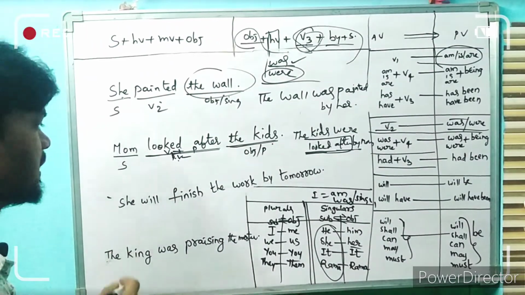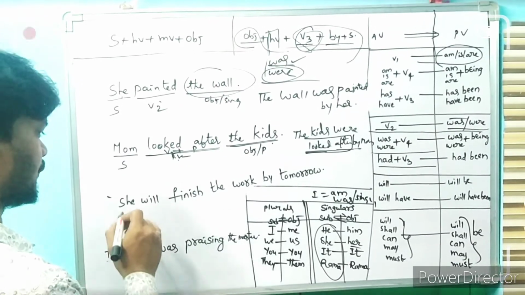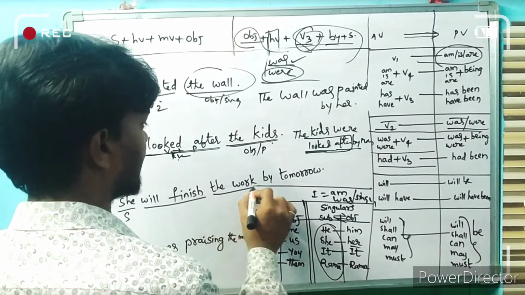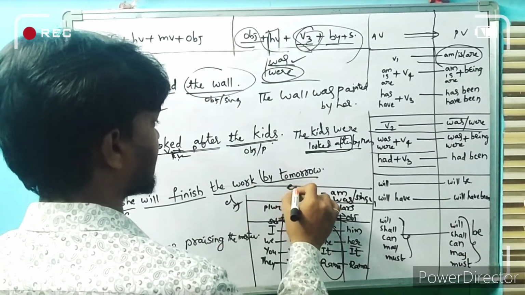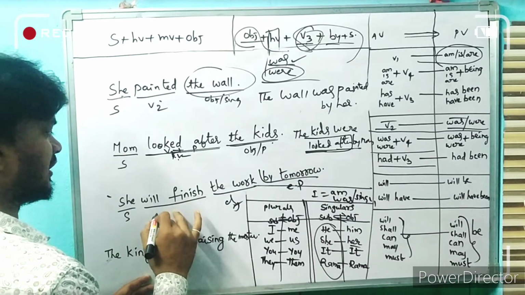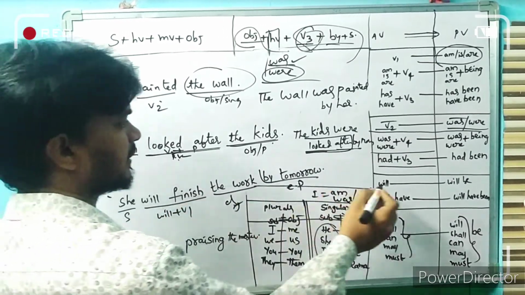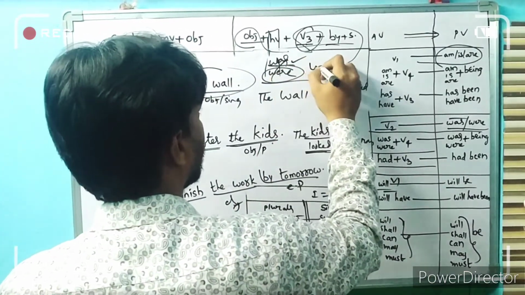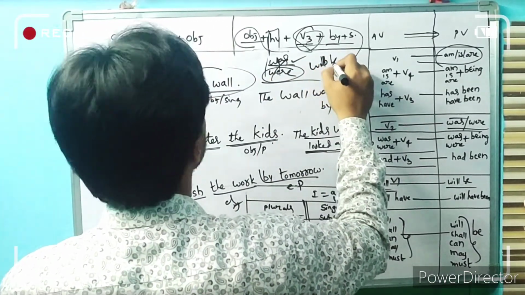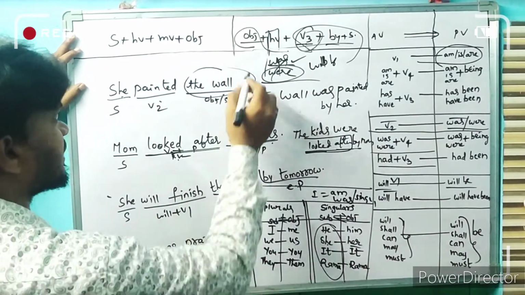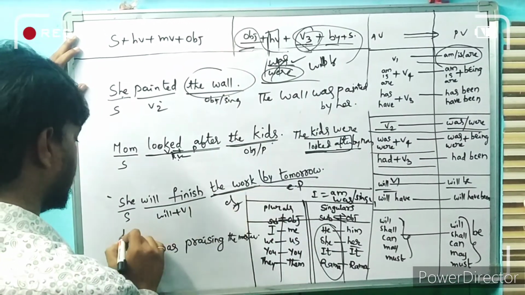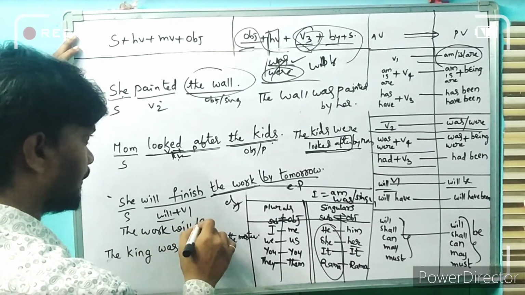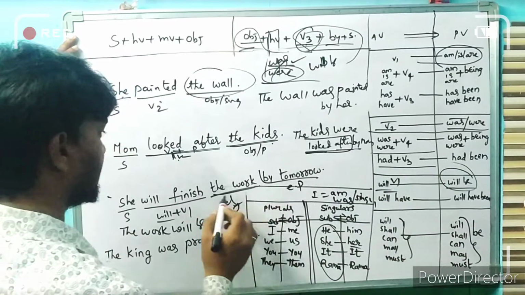Now see here, she will finish the work by tomorrow. She is the subject, will finish is the verb, the work is the object, by tomorrow is the extra part. Will finish is will plus V1, future simple tense. Now the passive voice will be will be. Begin the sentence with the object. The object is the work. The work will be, then V3.